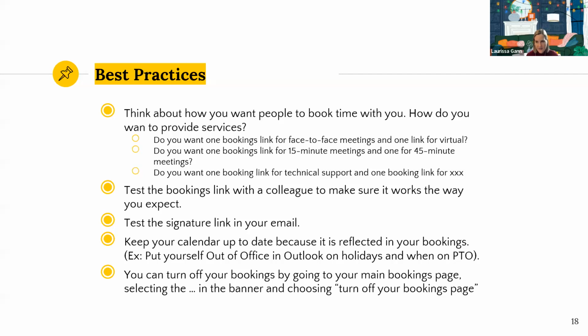You could be giving them that option. You could have one bookings link for technical support and one link for something else that you support. Leslie gave a good example of, let's say you were booking at a salon, maybe you would want one bookings link for manicures and one for haircuts, something like that. It just depends on what works best for you.